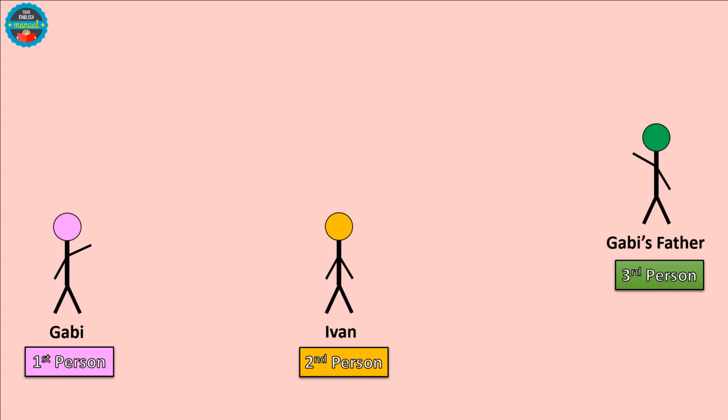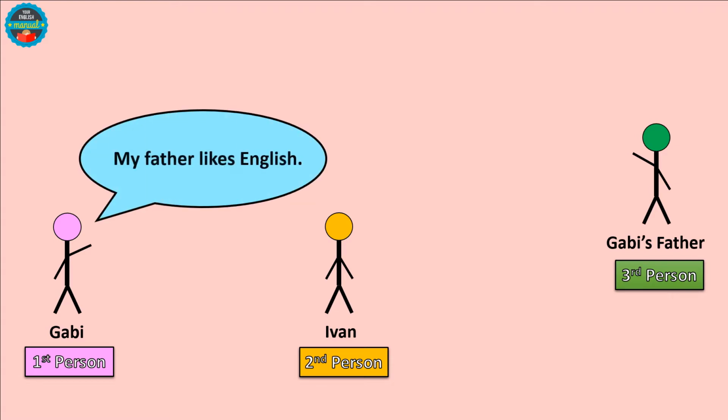In this case, the third person would be my father, he, or my mother, she. If I say to you, my father likes English, what we have here is that the first person, I, is talking to the second person, you, about the third person, he, my father.